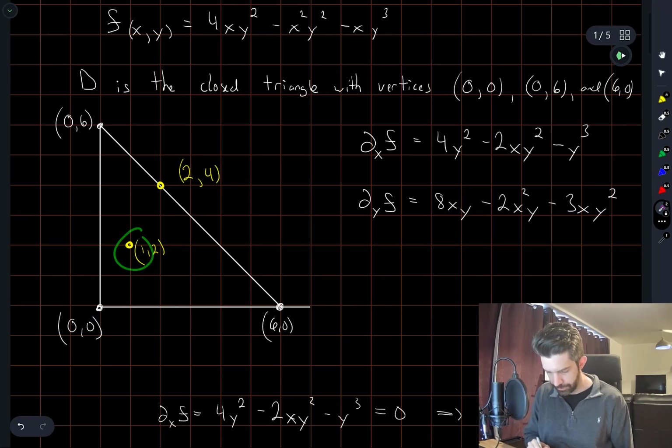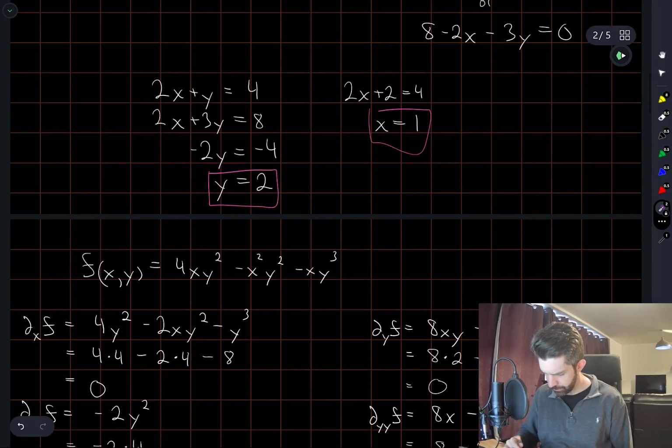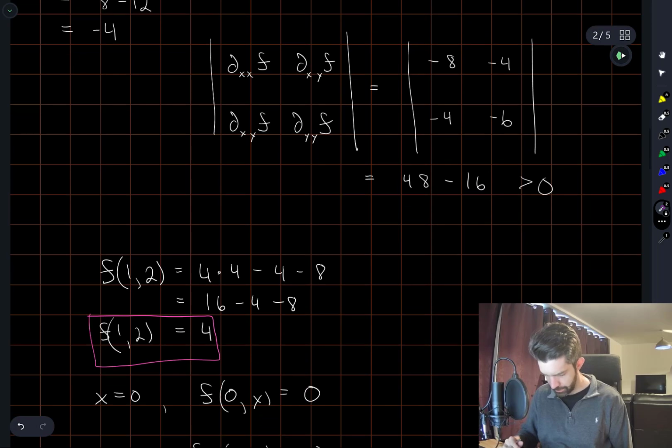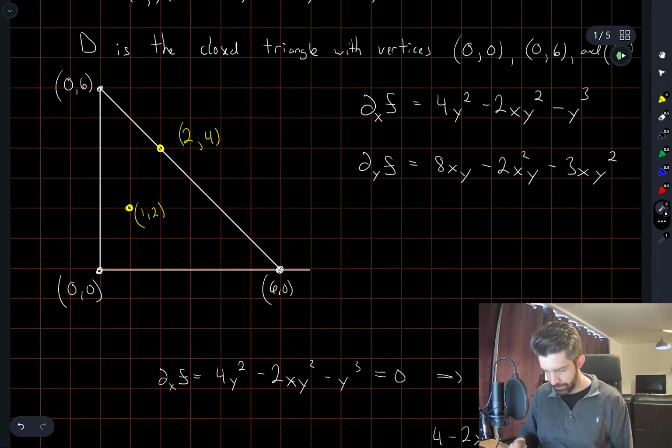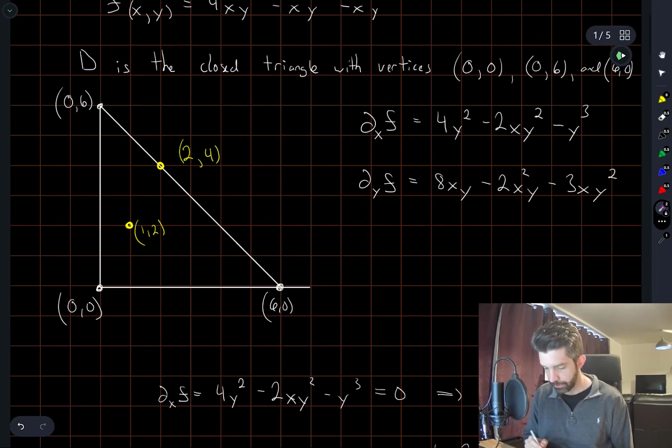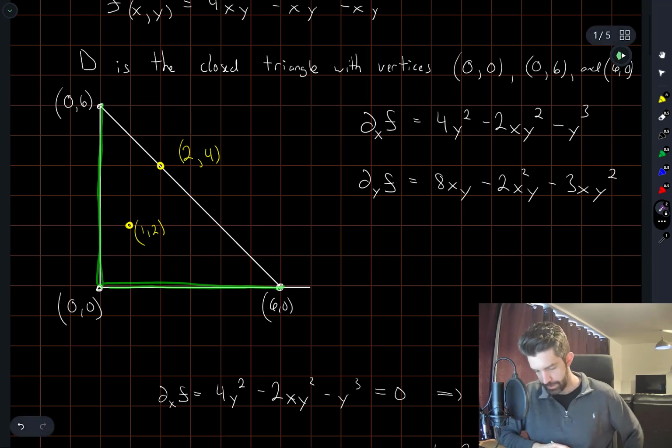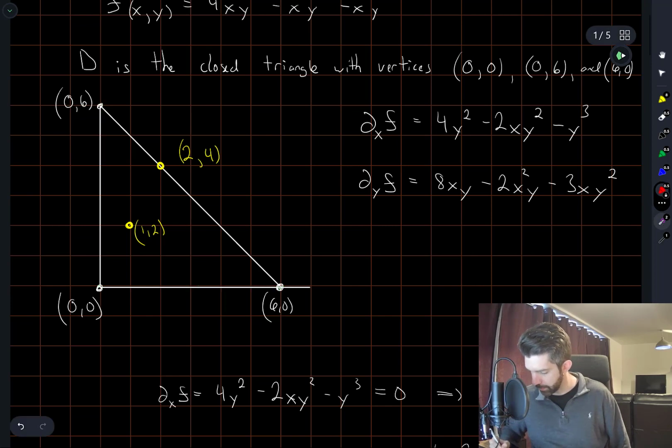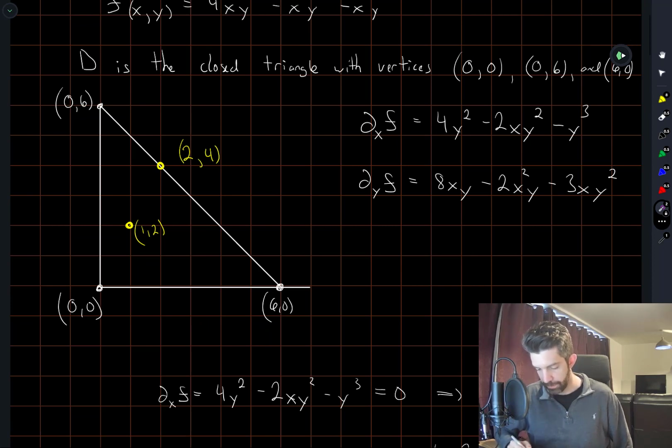We have the value of the function there. I forget what it is, but 4. And the value of the function at this point here is negative 64. The function is 0 along both of those horizontal and vertical lines, so we know that's not going to compete for the minimum or maximum. This is the only interior critical point, and then along all of the boundaries, that is the minimum.